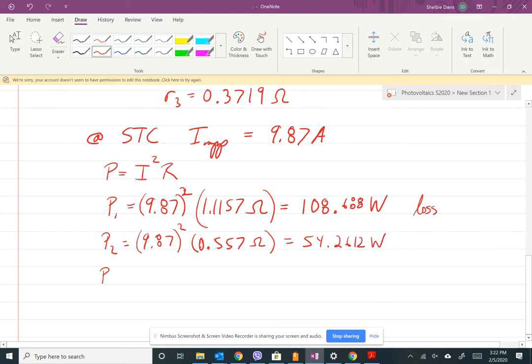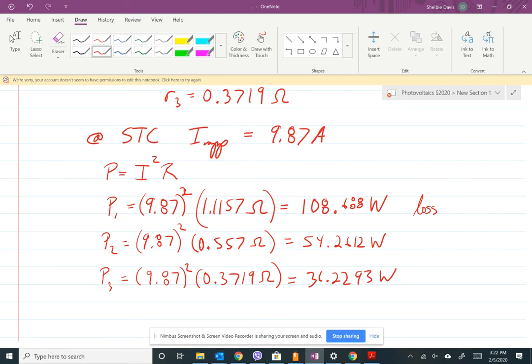And then P3, same thing, 0.3719 ohms, which is equal to 36.2293. Okay, so you can see, of course, that the more runs you add, the less loss you have.